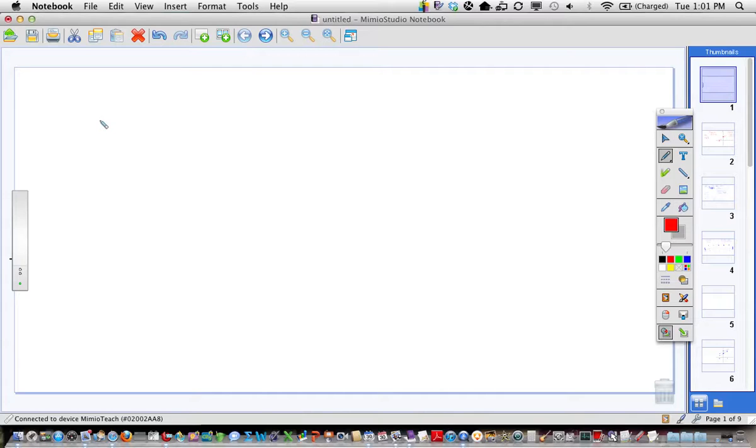So on page 24, what we have here in section 3 is a review of different types of functions.